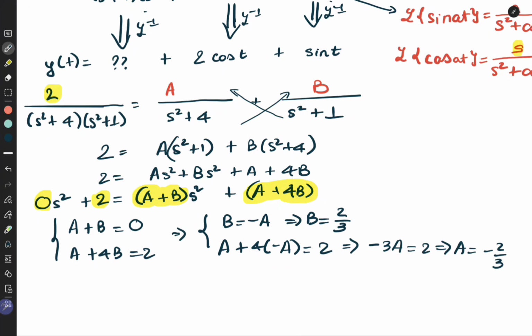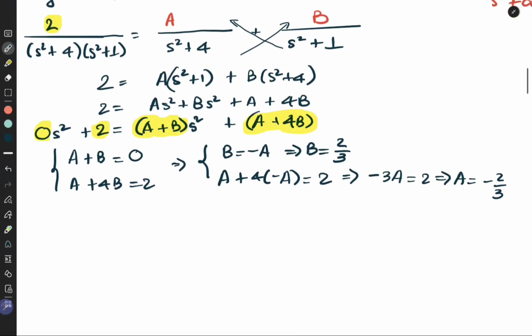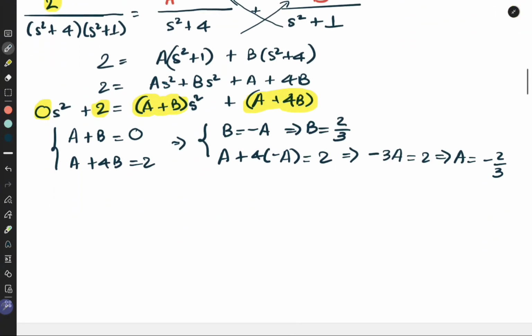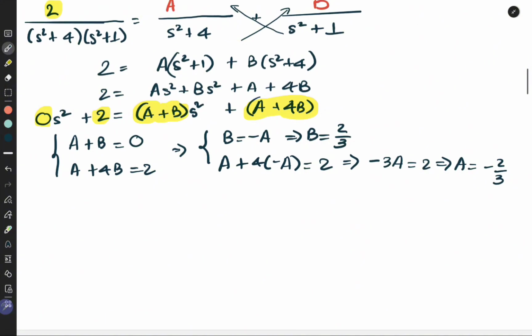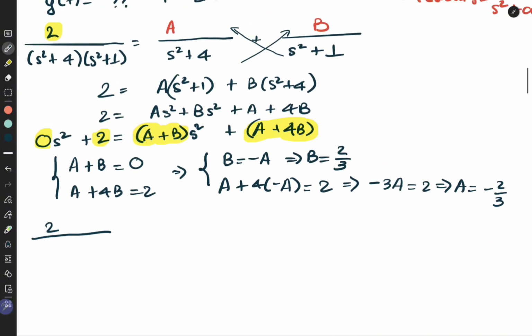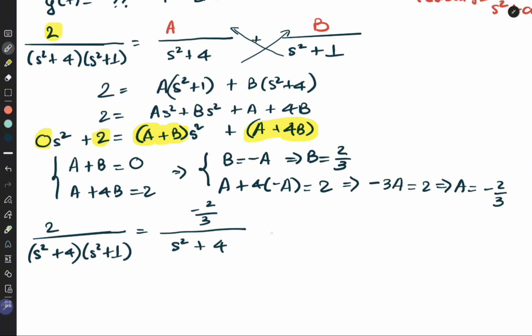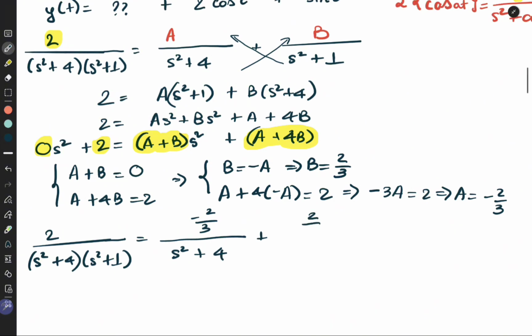Okay, keep going. We have 2 over S squared plus 4 times S squared plus 1 equal to negative 2 over 3 for A. Actually, let's write it in the numerator: 2 over 3 times S squared plus 1.